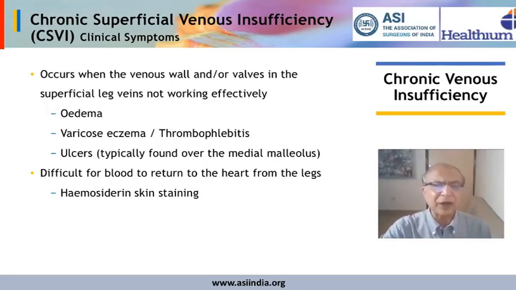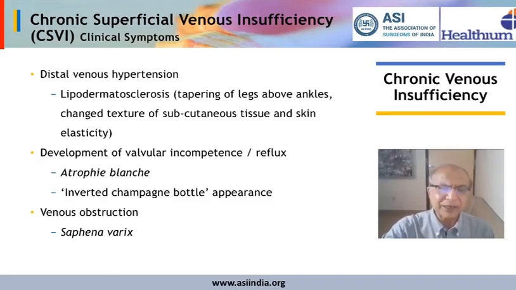Difficulty for blood to return to the heart from the legs leads to hemosiderin skin staining. Distal venous hypertension leads to lipodermosclerosis. Lipodermosclerosis has been defined as tapering of legs above ankles, changed texture of the subcutaneous tissue, and changed skin elasticity.